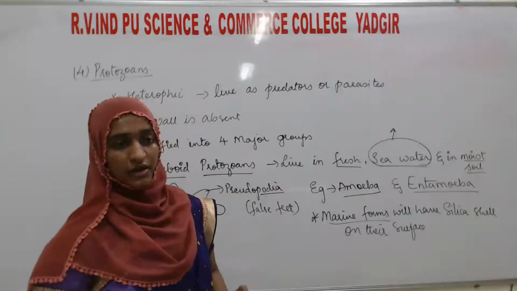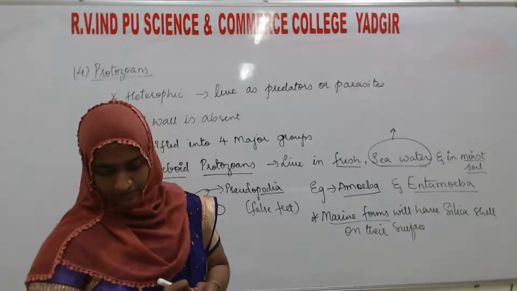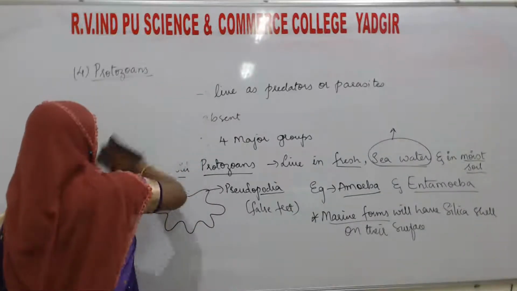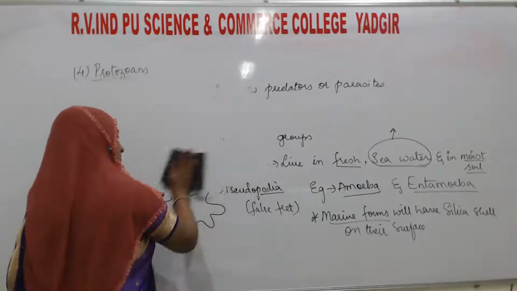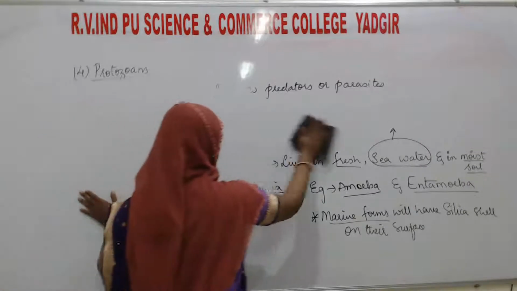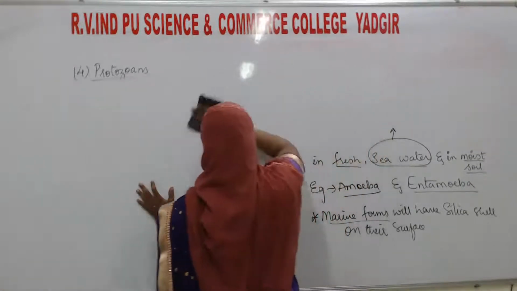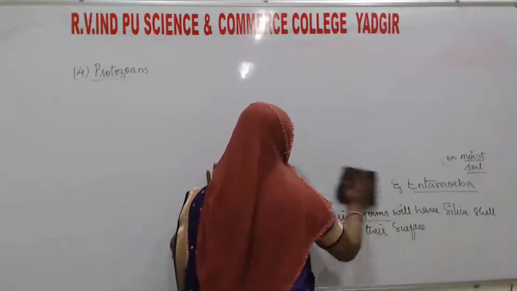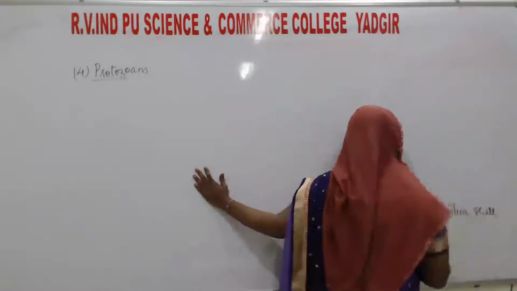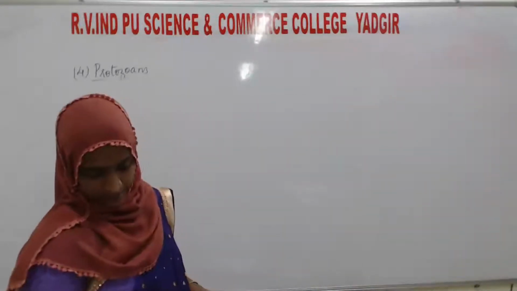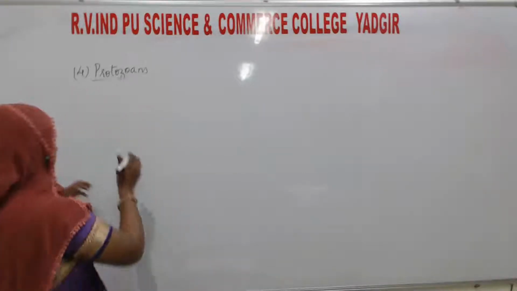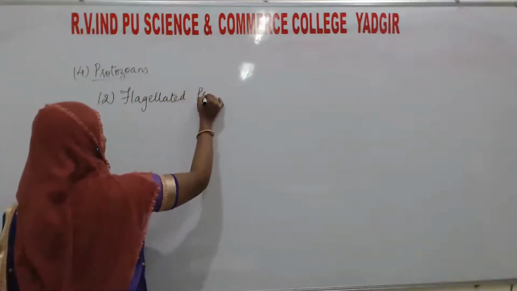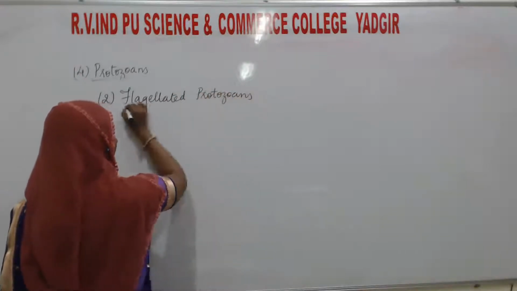So this is about the amoeboid protozoans. Next we will go for the second group, that is the flagellated protozoans.